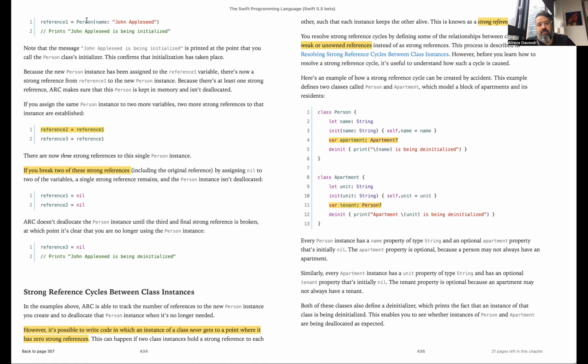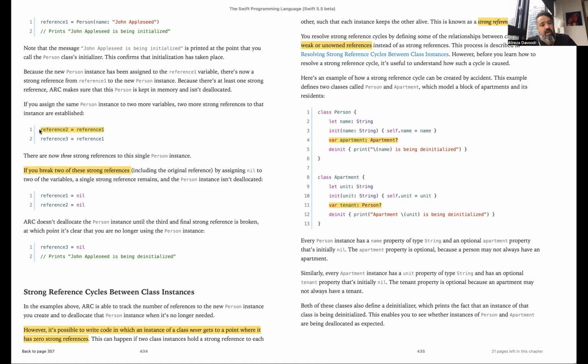So right now, reference 1 is referring to this location of the memory, or this instance of Person. Therefore, the reference count for that location of the memory is 1, because one reference, reference 1, is interested in the content of this location in the memory.